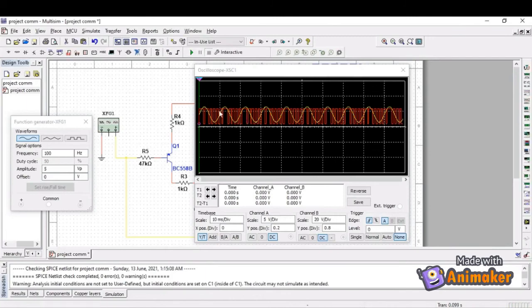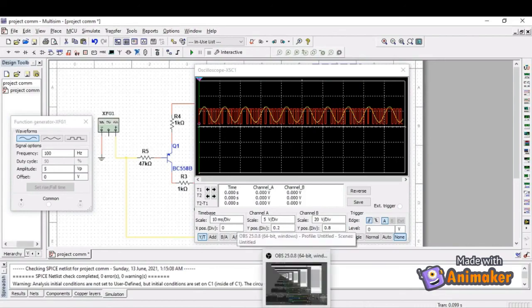So when we change the frequency, we change the value of fc, the signal output. So this part is frequency varying, amplitude constant. As a conclusion, we can see the higher the frequency, the smaller the wave. If the frequency is lower, the wave is bigger. So that's all for the simulation part.